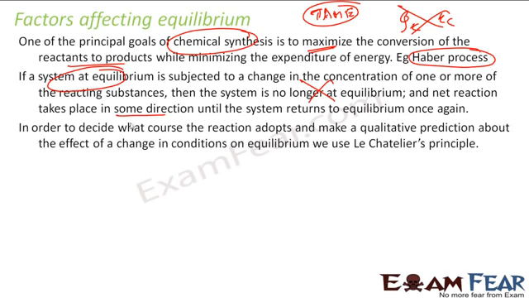In order to decide what course the reaction takes, if the system is in equilibrium and you disturb it, what will happen to the system, which direction it will flow, how it will flow, there is a principle given by Le Chatelier. Le Chatelier gave a principle called the Le Chatelier principle, and this principle is helpful in understanding how a system will behave if one of the parameters is changed: pressure, volume, temperature, concentration.